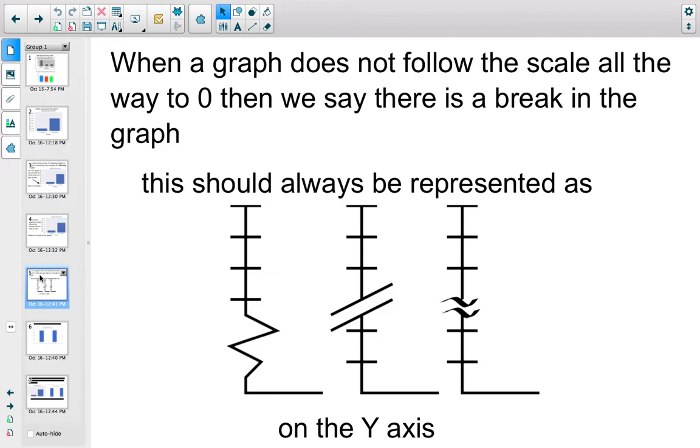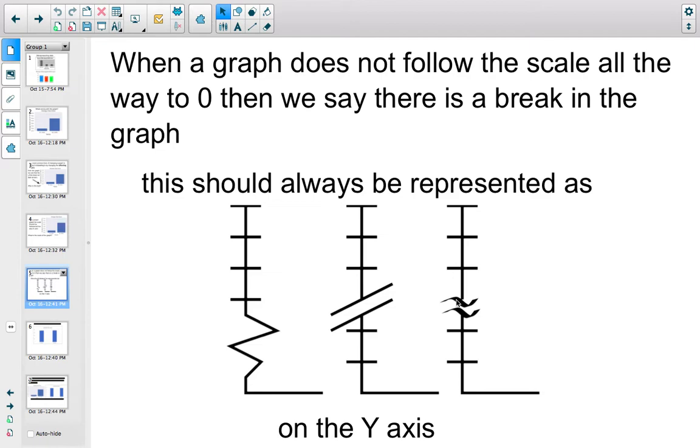So when a graph does not follow the scale or does not really start at 0, then we say that there's a break in the graph. And this should always be represented with a little symbol, like a little squiggle here, or dashed lines or sideways dashed lines on the y-axis. If you don't see this, and you don't start at 0 on the y-axis, you can say that that graph's trying to be misleading, right?